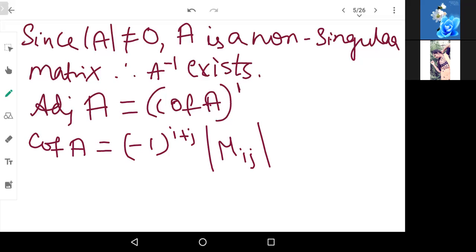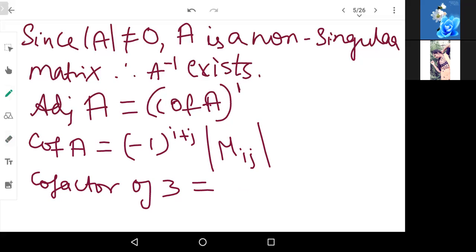So this is how we find the cofactor. Now start finding the cofactor for every element given in the 2 into 2 matrix. Cofactor of 3, this is the first one. First find out the placement.